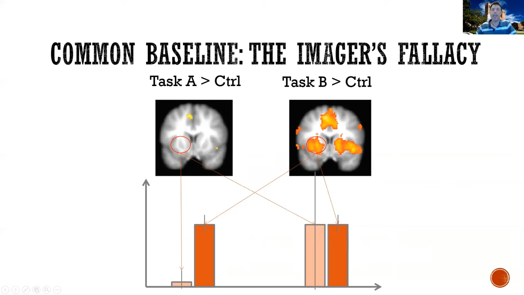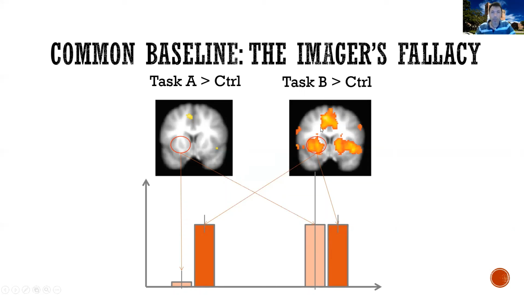In other words, if you see that task B versus control gives you a significant result, and task A versus control doesn't, it could be that the area is really active in task B, significantly so, and not active in task A. But it could also be that it's really active in both, just much more variable in one of the two.